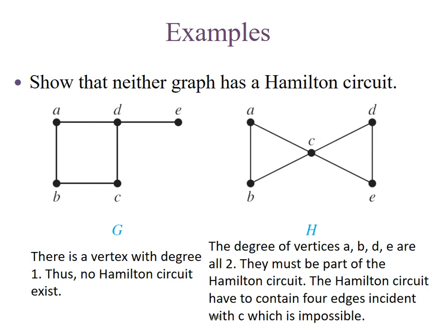But once you visit it, if we visit from B, C, A, B, and we remove these two edges, then there's no way we can complete a Hamilton circuit.